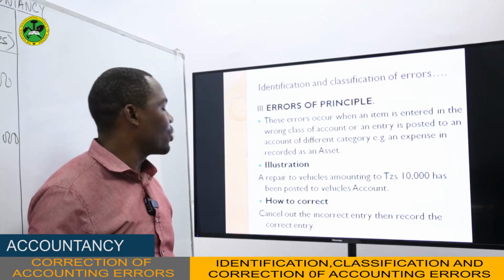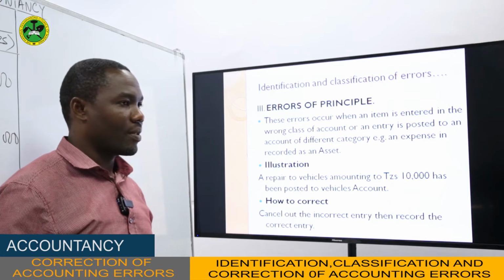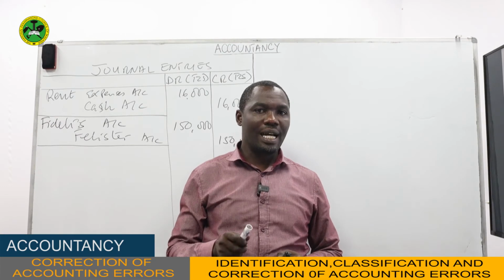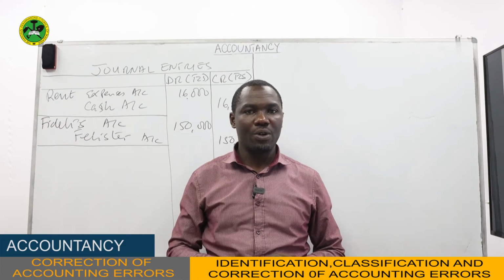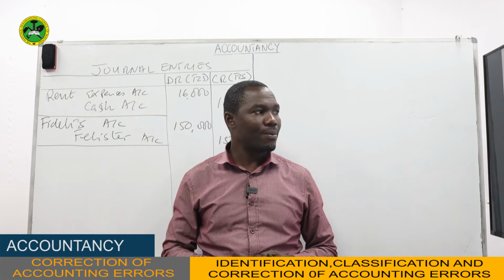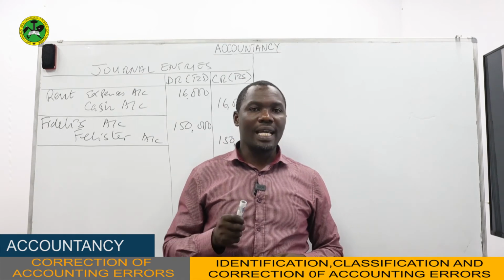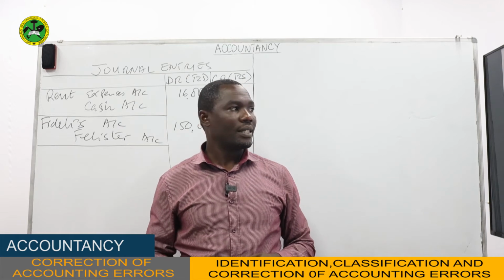This is errors of principle, as I said before. So lack of accounting principle is one of the challenging problems in accounting. Basically, how do these errors of principle happen?